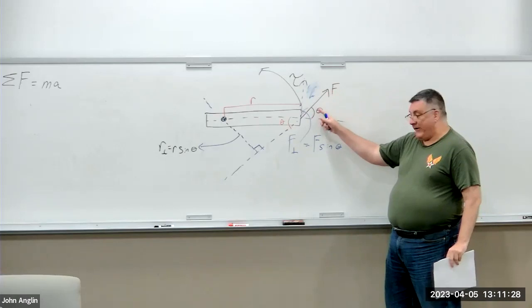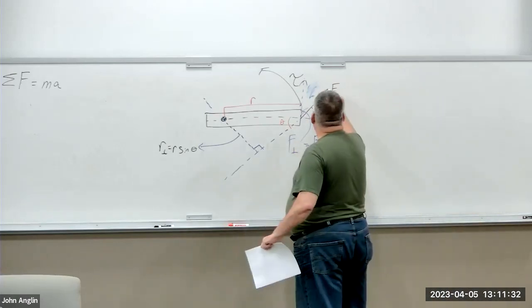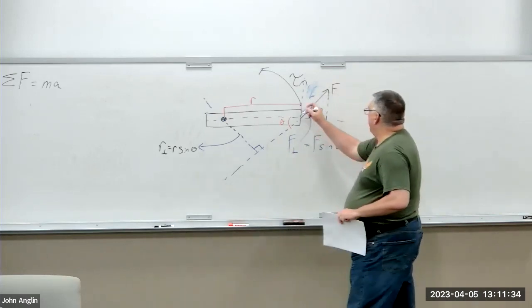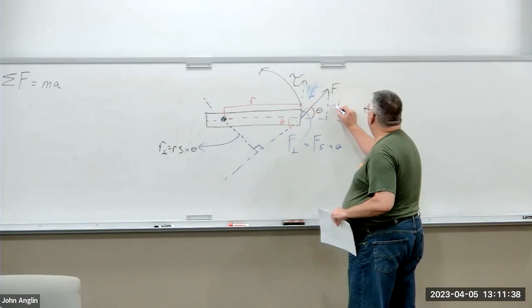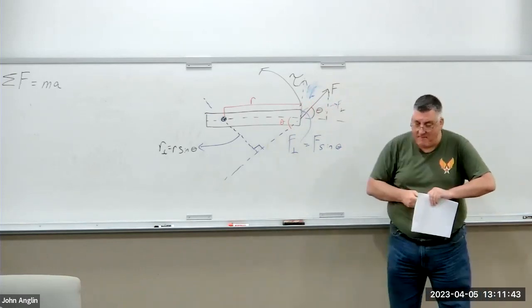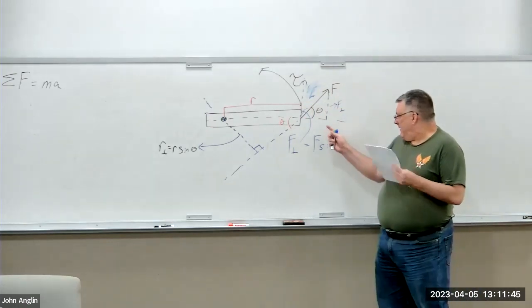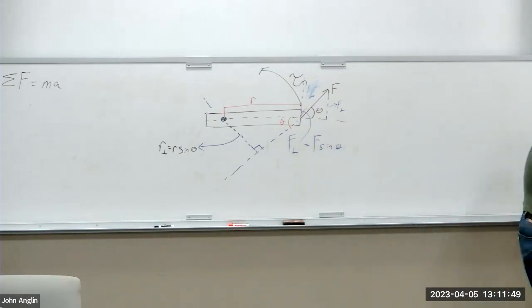If we look at this angle, there's nothing wrong with moving F perpendicular to here. I just moved it to the other side of the triangle. Nothing wrong with that. Now, if you left it over here, you'd have to do some weird things with inverting your sine cosine sort of ideas there.